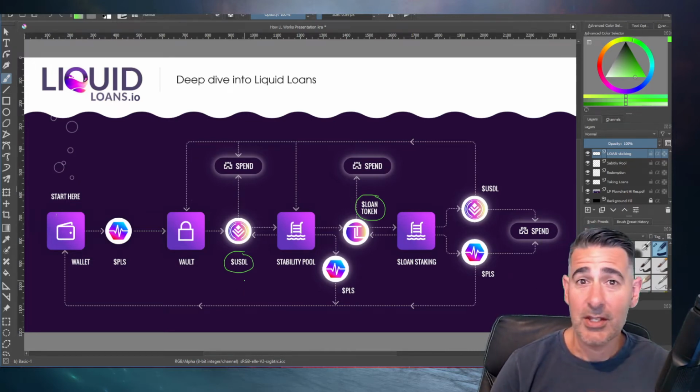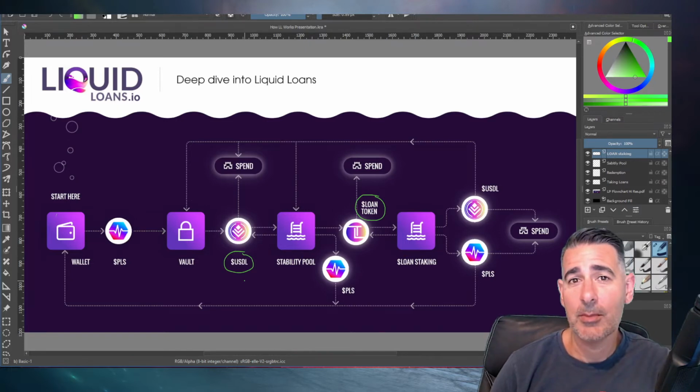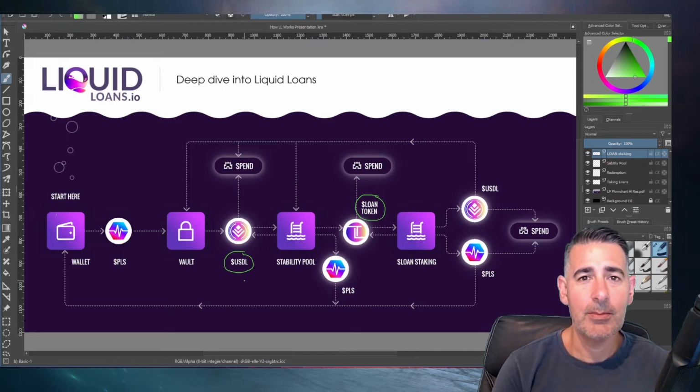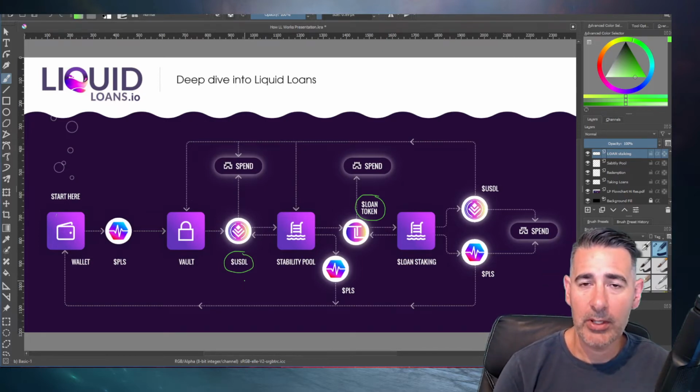Now, you can't redeem something like USDC for the underlying dollar. That just doesn't exist in the system. The central controlling party does all of that on your behalf, and you can never redeem for the actual underlying dollar. With something like Liquid Loans, the protocol holds the collateral in place, but you can always redeem that USDL for that collateral that underpins it.